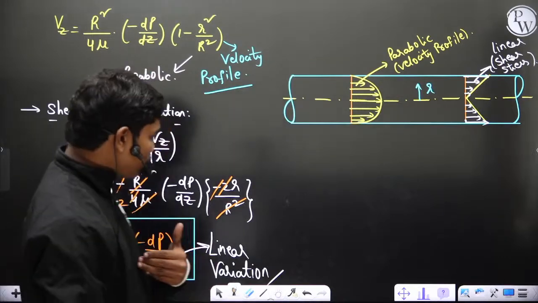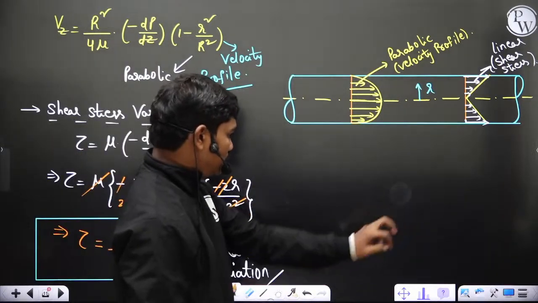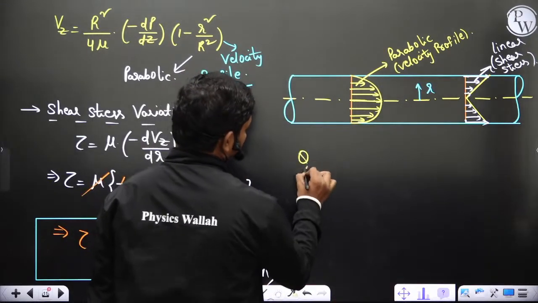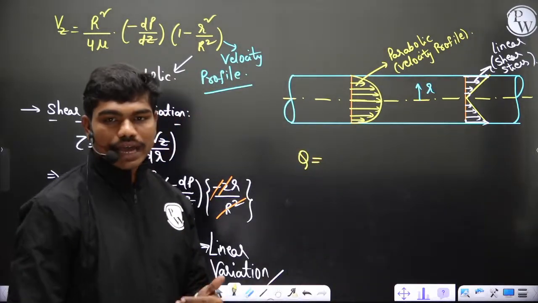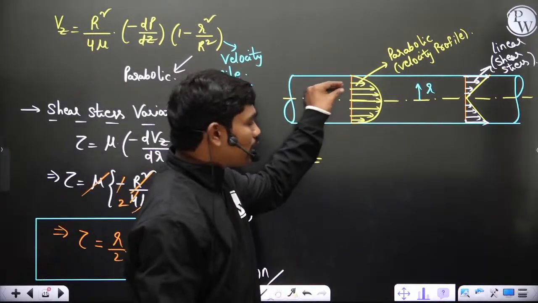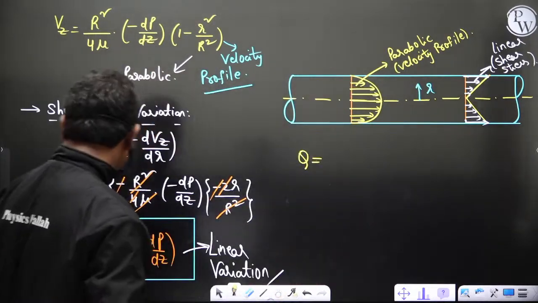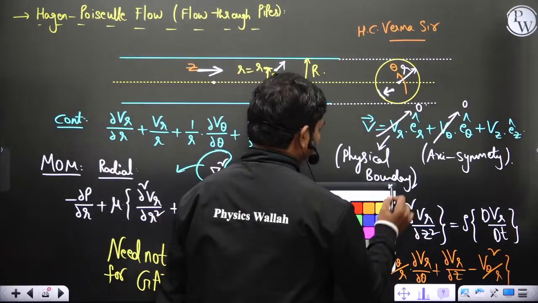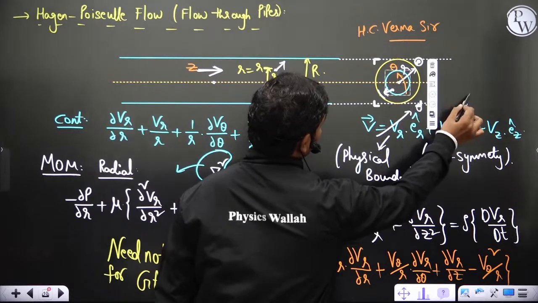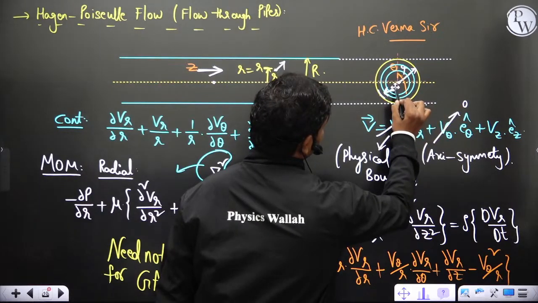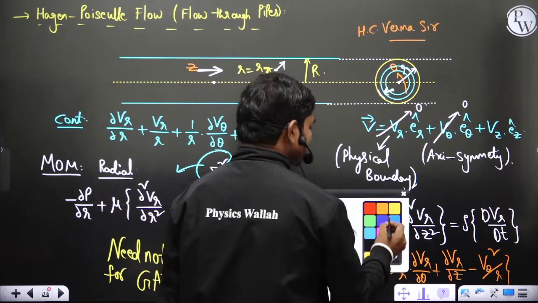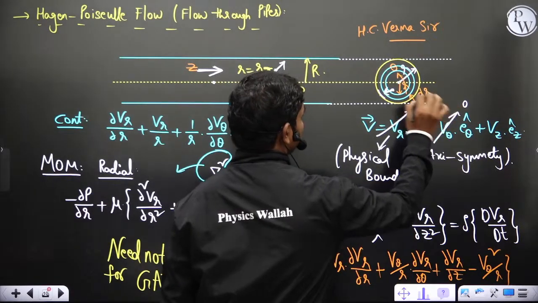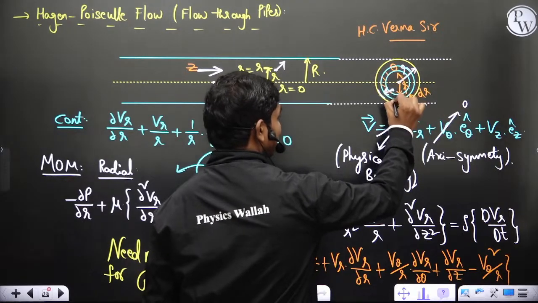Now I want to tell you one thing. The discharge Q, how do we calculate it? Let's see, if you take a small cross section and do the analysis, at some radial location r, with thickness dr, for example, that small strip thickness is the elemental flow area.